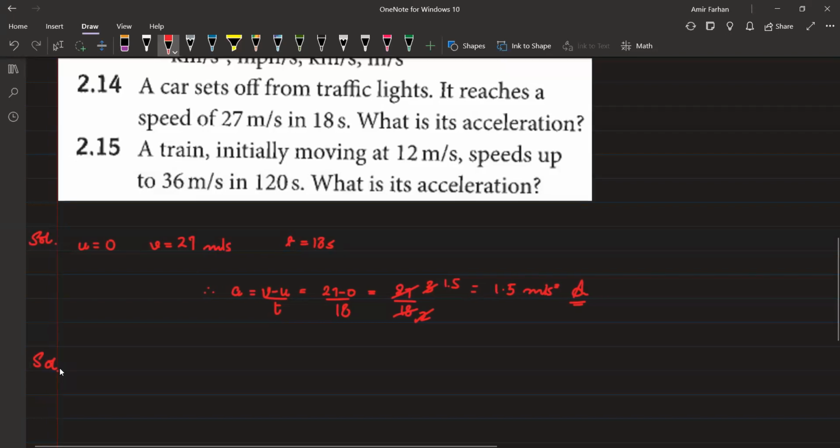Okay, a train initially moving at a speed of 12 meters per second speeds up to 36 meters per second in a time of 120 seconds. What is the acceleration?